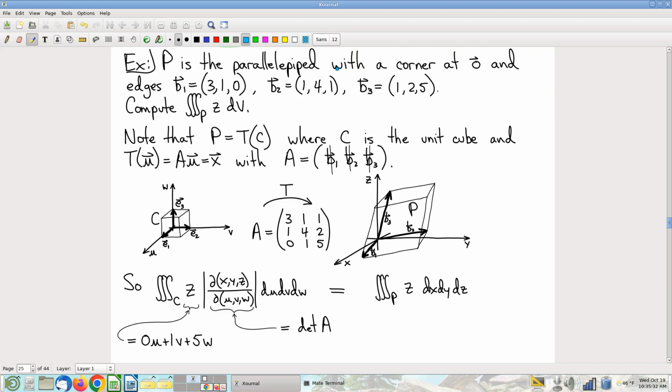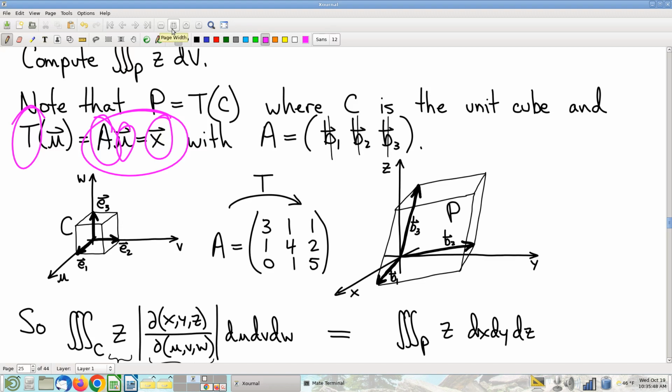Can you explain how you got Z again? Yeah. So don't forget, the way this linear transformation is defined is you take the matrix, you multiply by UVW, right, and that gives you XYZ. Let me zoom in there. So this matrix times UVW is going to have 3 output coordinates.